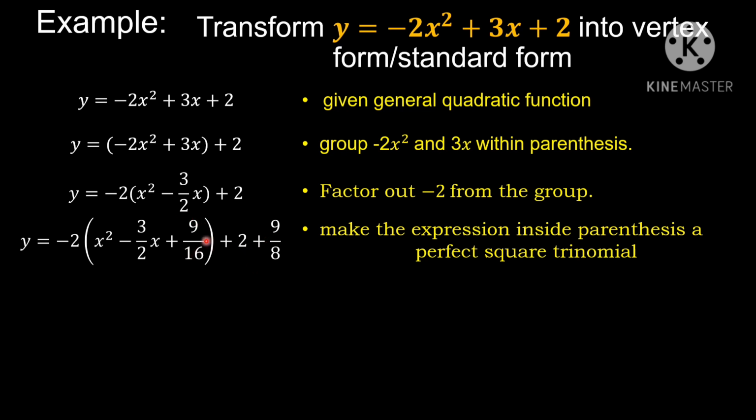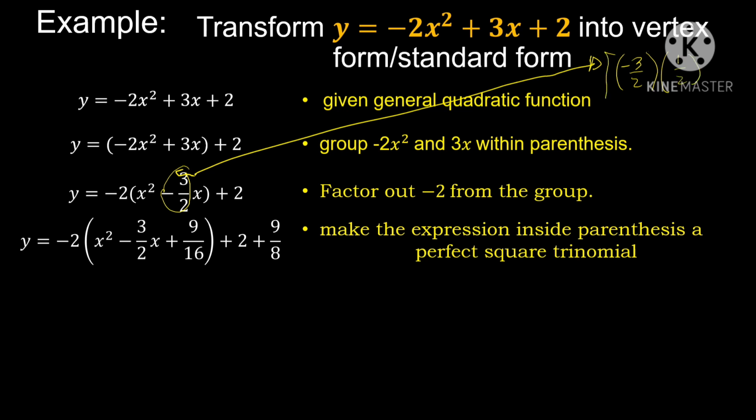So, how do we get 9 over 16? That is the problem now. To get that value, we take the coefficient of x, this one. If we take the half of that, pull natin yung half niyan. So, the half of negative 3 over 2 is the same as multiplying it by 1/2.